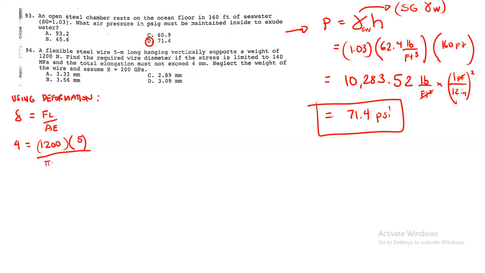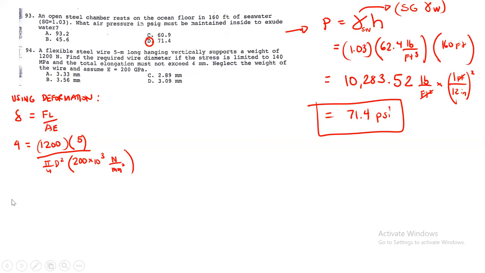So pi over 4 diameter squared times yung 200 times 10 raised to 3. So megapascal, so Newton per mm squared.